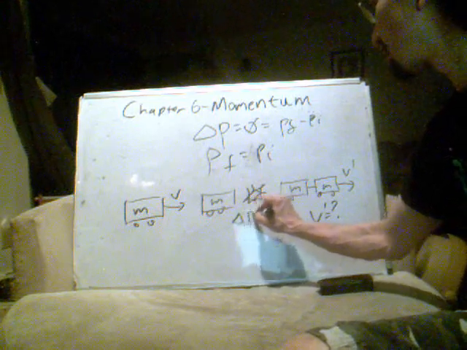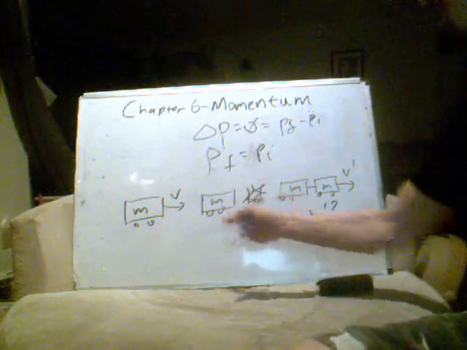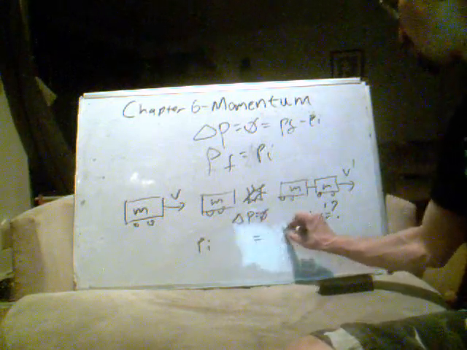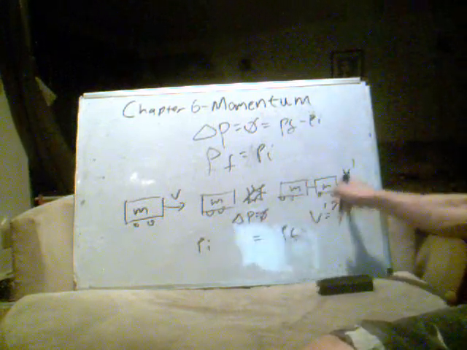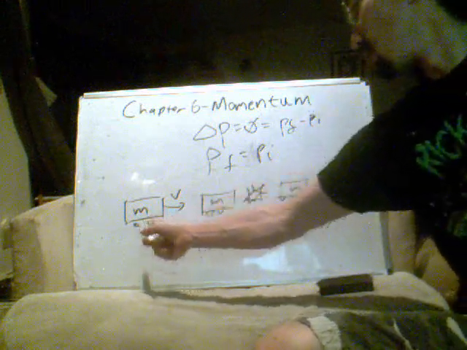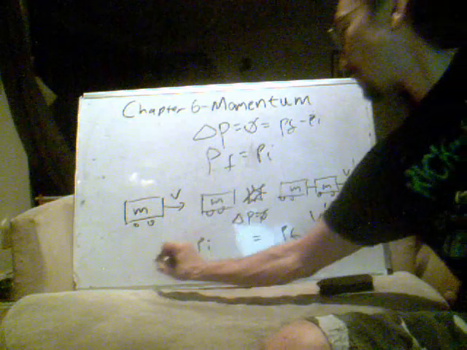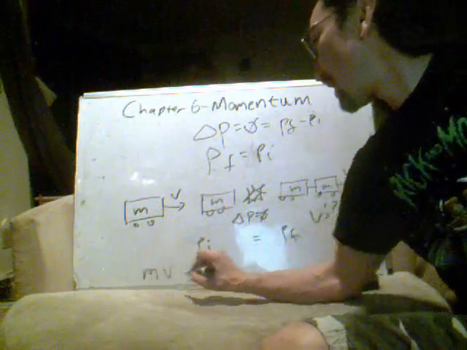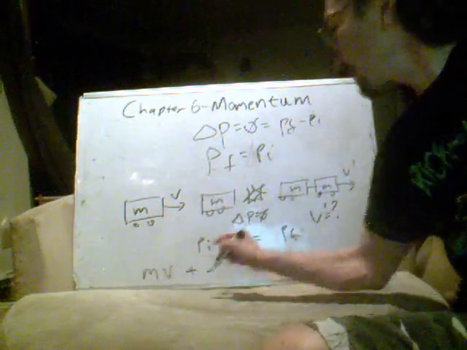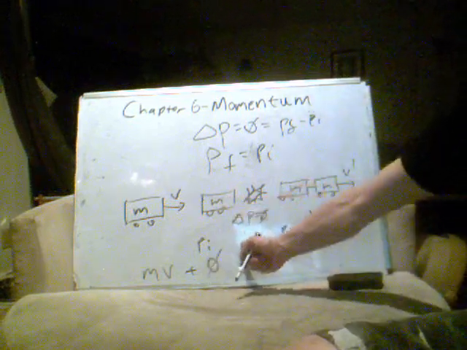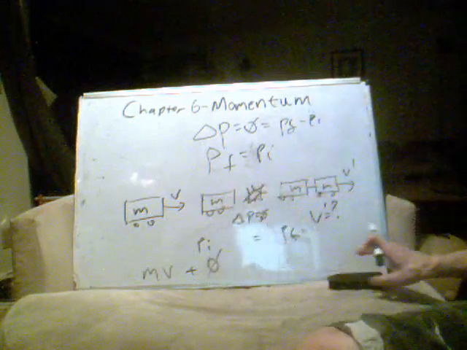If we say that our change in momentum is equal to 0, that means our initial momentum, what's over here, has to equal our final momentum, what's over here. Okay, so for our initial momentum, this has a mass of m and a velocity v, right? So this one has momentum mv. This has mass m but velocity 0, right? So this has no momentum initially, it's not moving.